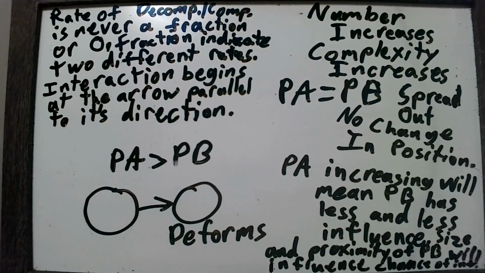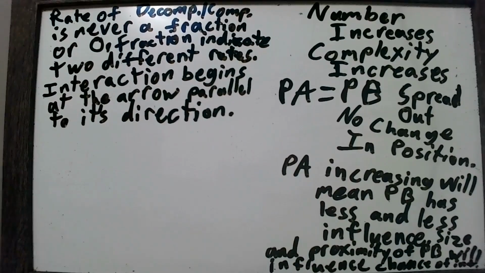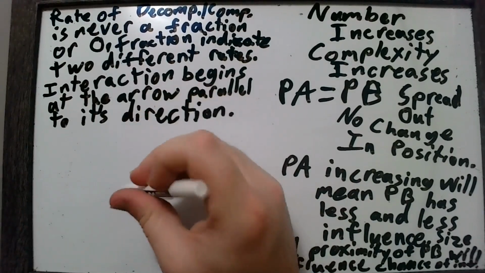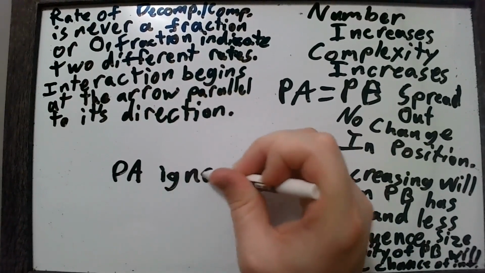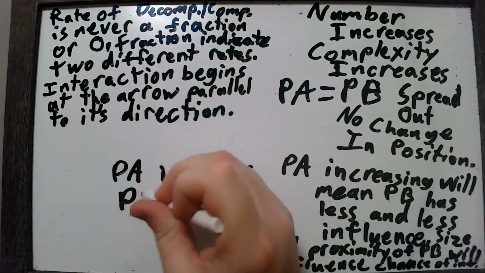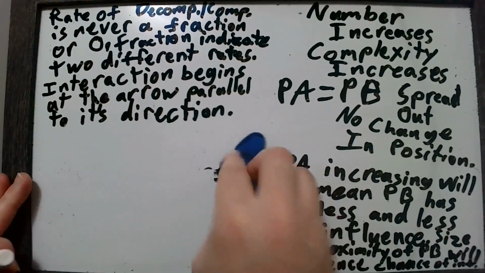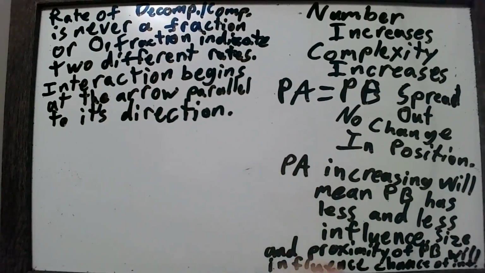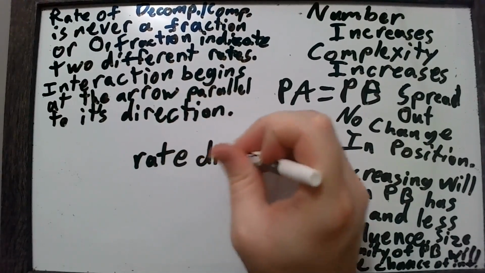And as PA increases, what happens is that eventually you get to the point where PA ignores PB. Alright? Now, the way to figure out exactly how much PA will interact with PB is you need to look at the rate difference.